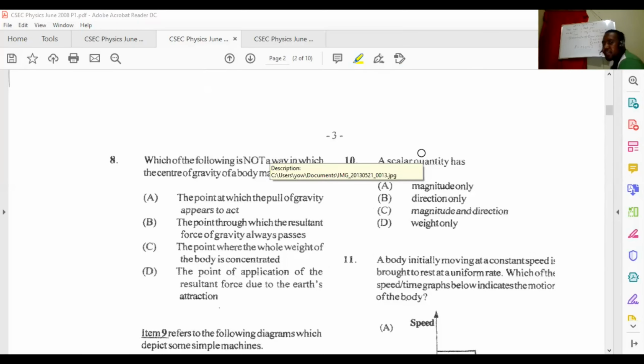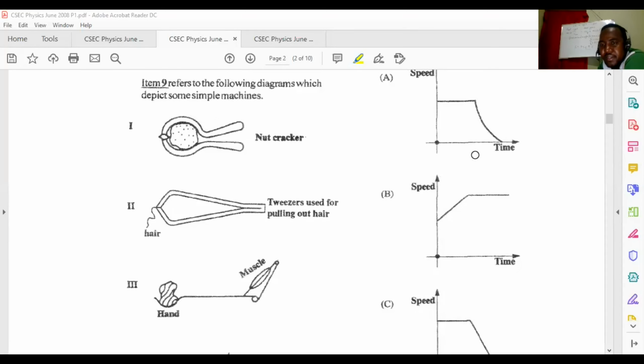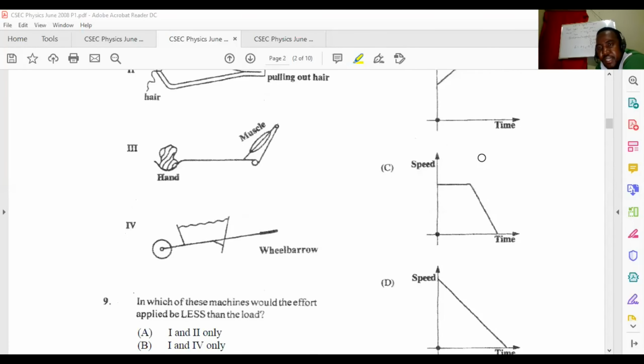All right, so next, a scalar quantity has magnitude only, so that's A. All right, 11. A body initially moving at a constant speed is brought to rest at a uniform rate. Which of the following speed-time graphs indicates the motion of this object? Which one shows that?